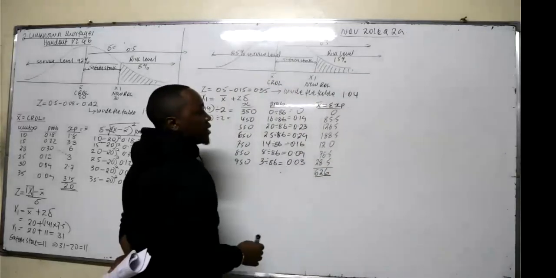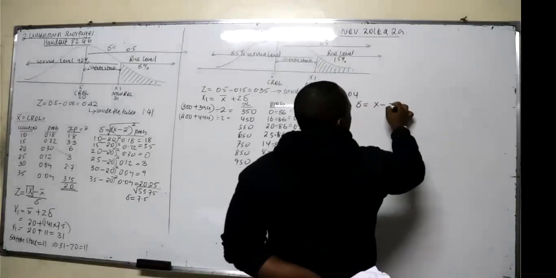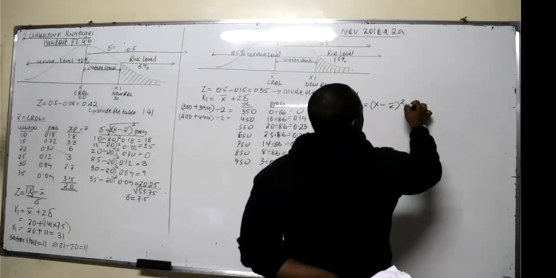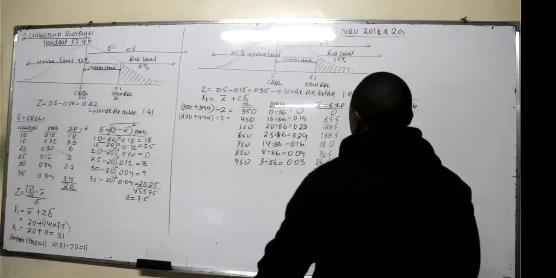Then you get the standard deviation: the square root of the summation of X minus X bar, squared, times the probability. Good.